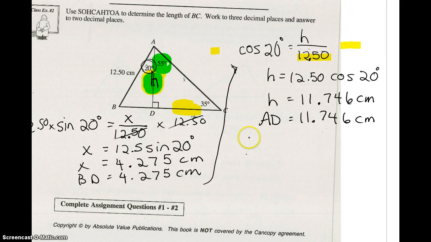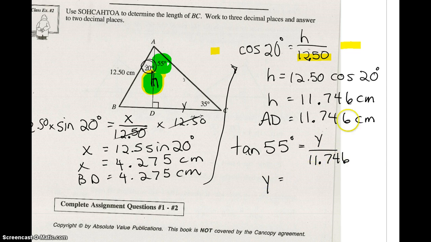So tan, in this case, tan 55 degrees. That would be opposite over adjacent. Or we can call it y. Instead of yellow, we'll call it y. We'll go y, opposite, over h, which was the value that we just found on our AD, which is 11.746.